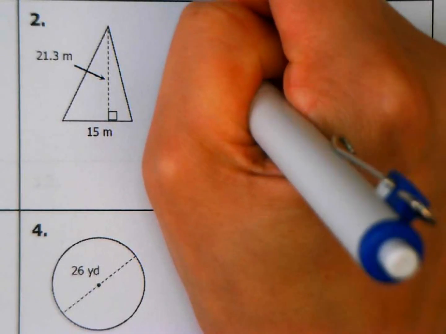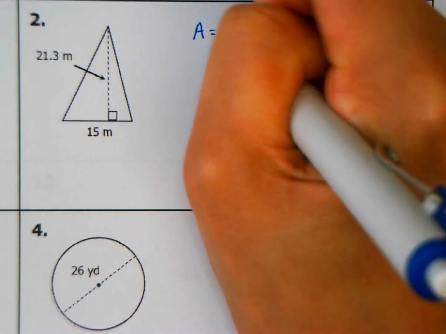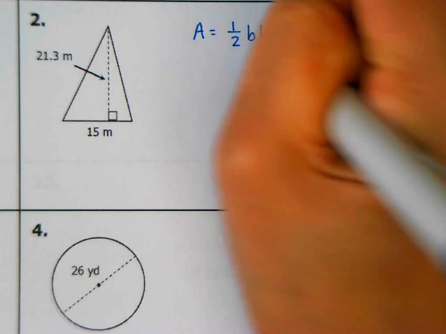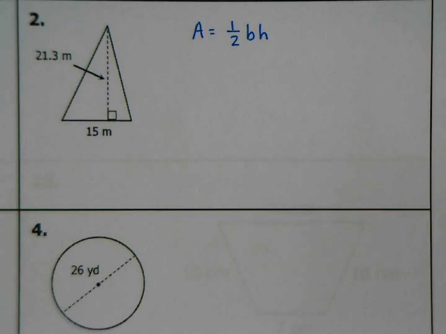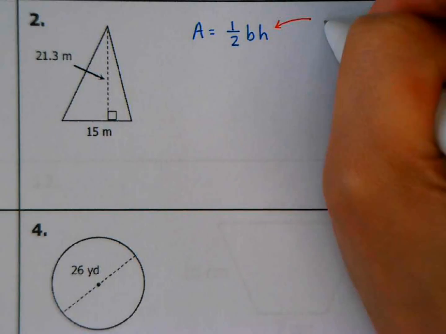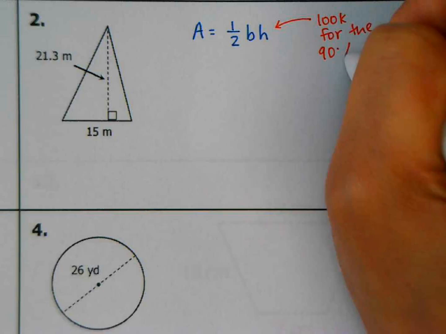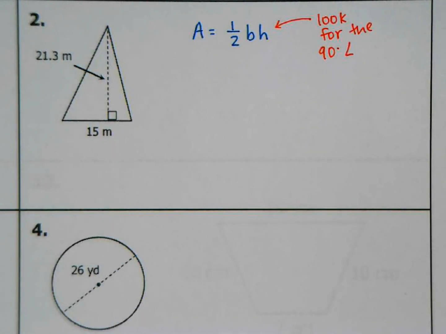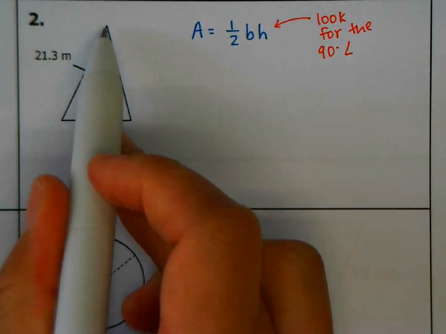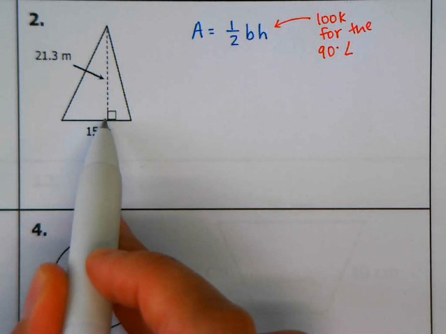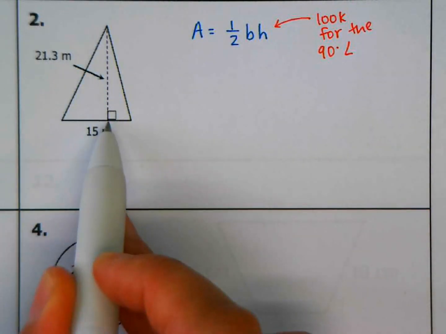All right. The area of a triangle is 1/2 base times height. With the height, look for the 90-degree angle. When you see the 90-degree angle, what it's attached to is almost always the height.